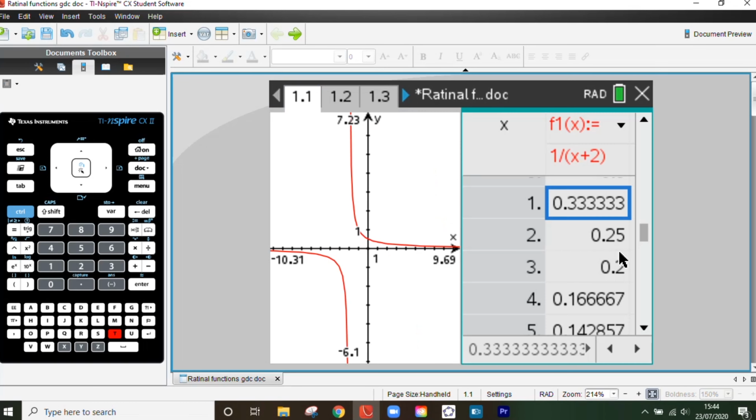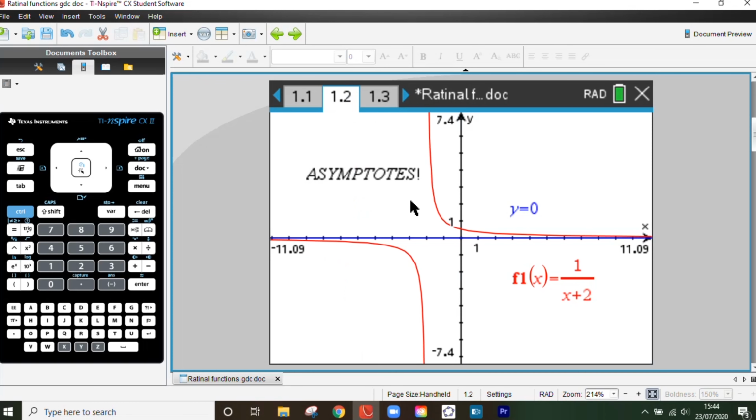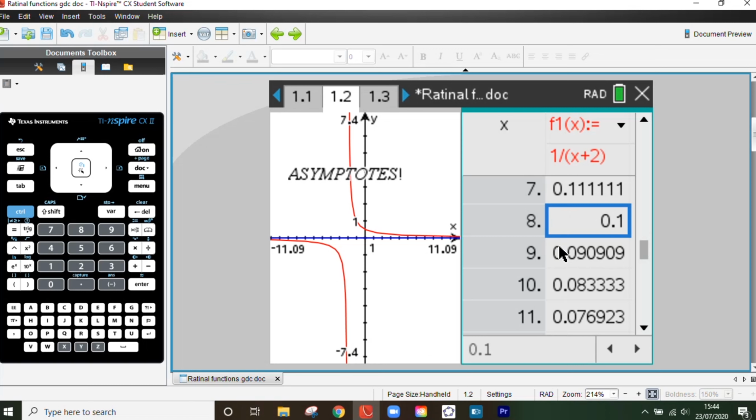With the increasing value of x in the table, the value of y approaches 0. Again, it shows how there is a horizontal asymptote, which is y equals 0. Therefore, whenever there is a horizontal asymptote in the table, the y value will go closer to 0 in this case and any other number in other cases.